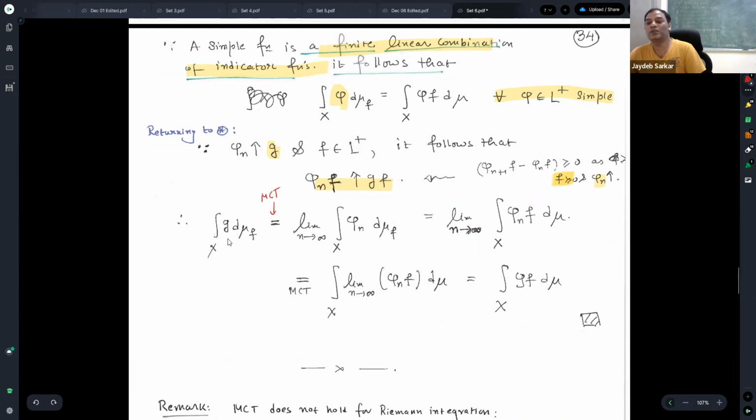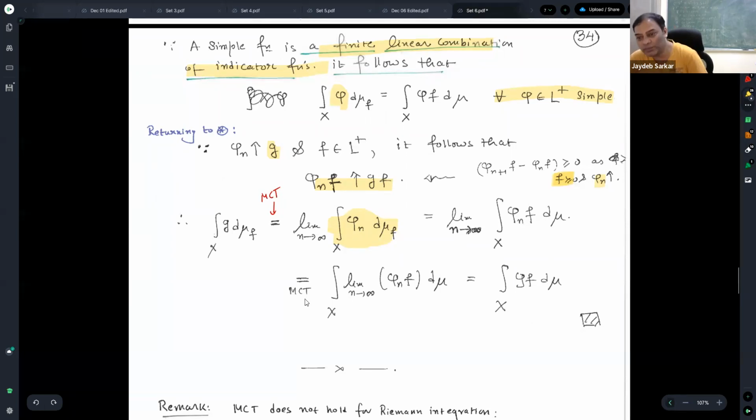So by MCT we can take g is the limit of phi n, so we can take the limit out. So this is going to be the limit as n goes to infinity of the integral of phi n d mu f, right? And right now you are in the simple function situation. So for simple functions, we already proved the integral of phi n d mu f is nothing but the integral of phi n f d mu. So do that. So you get that.